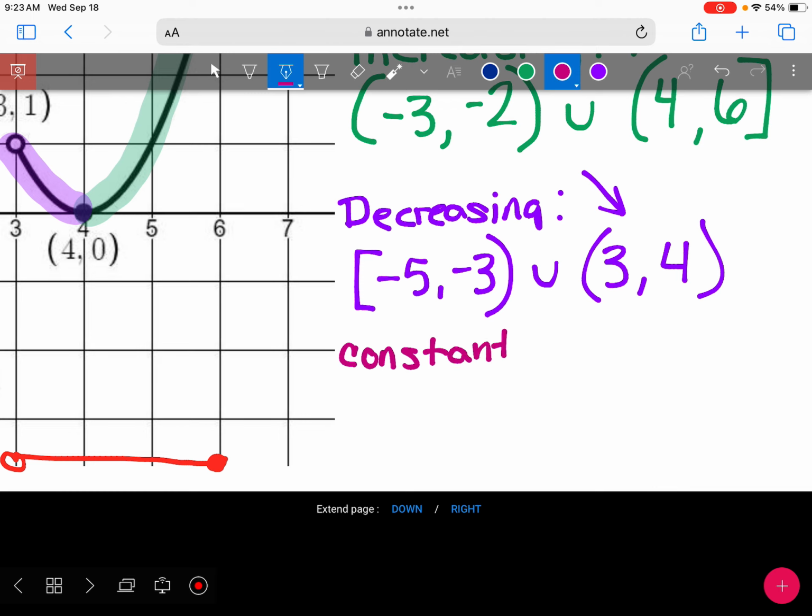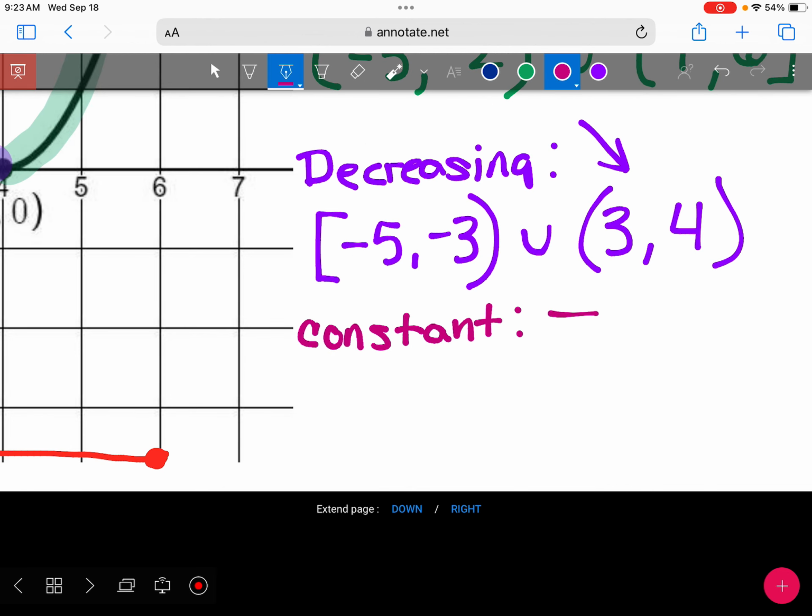What do we think that might mean? Straight line. So this is going to go from -1 to 2. Are -1 and 2 included? Yes. Okay, so constant is straight across.